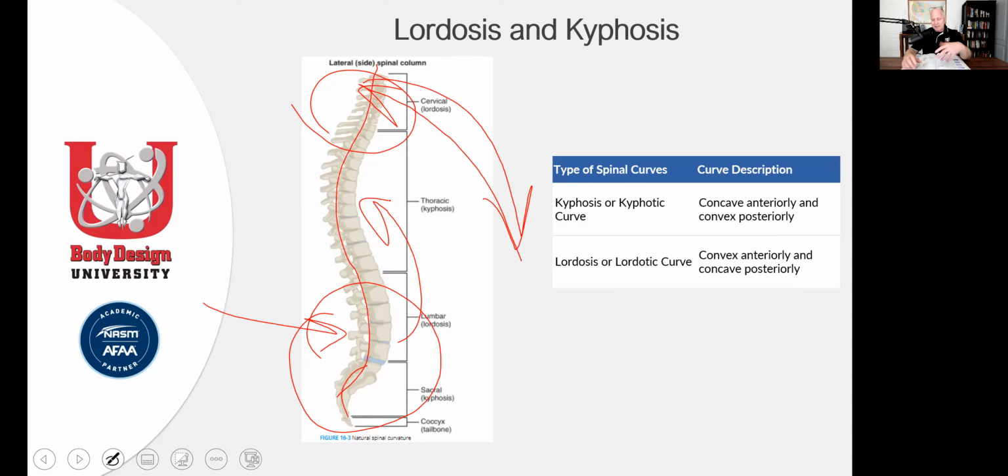So you can see, if you look at some of the visuals and figures that they have here, it starts to make more sense. When you think of the curves, you're simply increasing the normal lordotic curve here, which leads to actual pathologies or problems with that area.